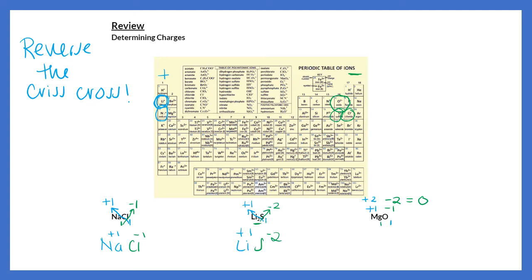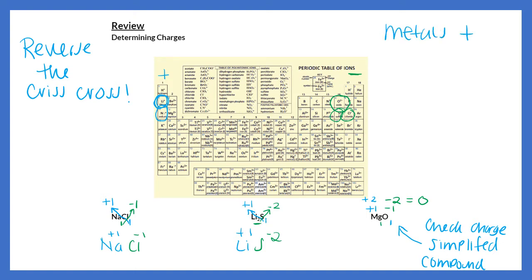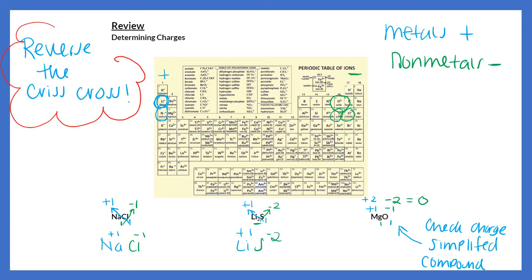So in fact, when you have a simplified compound, you need to check the charge for simplified compounds, okay? And again, metals are positive. Nonmetals are negative. All right. We are going to be using the reverse crisscross a lot in this slideshow, okay?